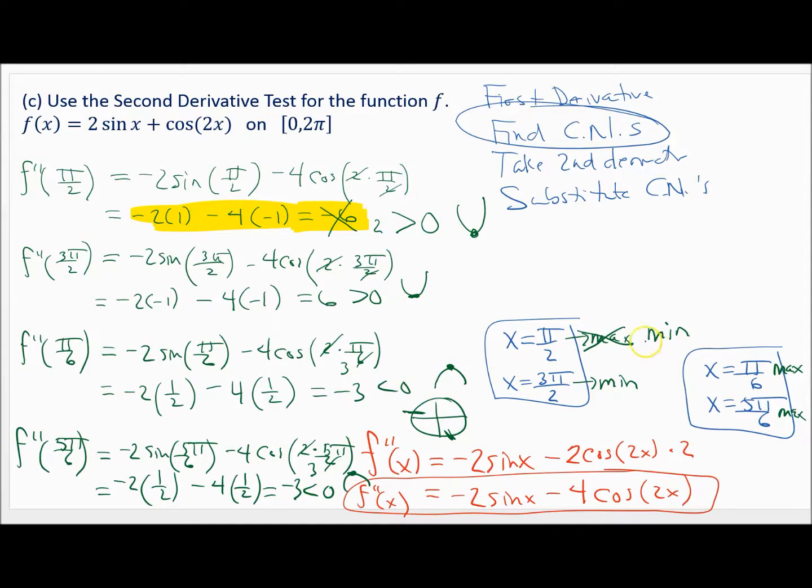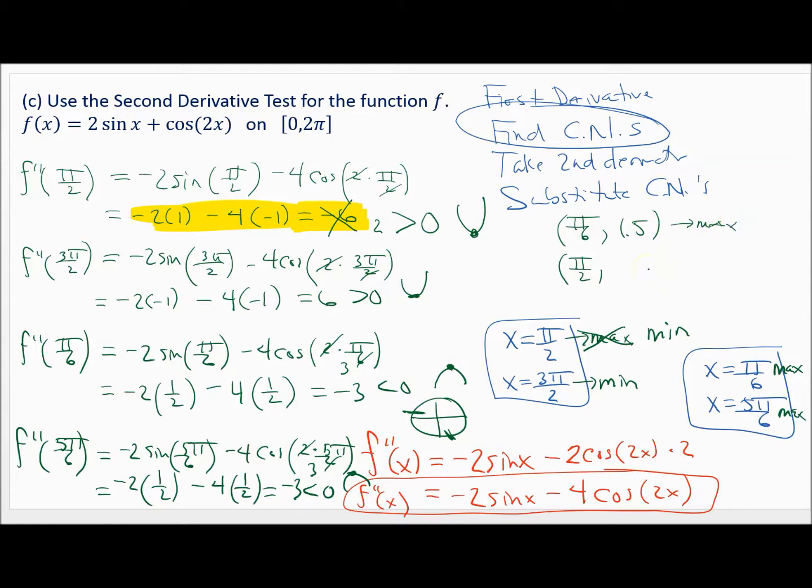So in order, the lowest x value on this list was actually pi over 6. And the y value I got for that in decimal form is 1.5 or 3/2. And then the next one in order is pi over 2. And remember, that was the minimum, so pi over 6, 3/2 was a max, a relative max.